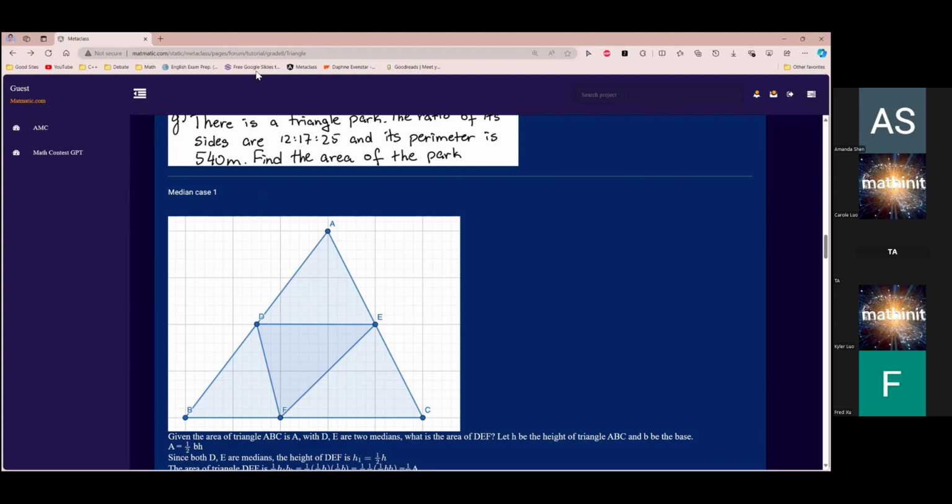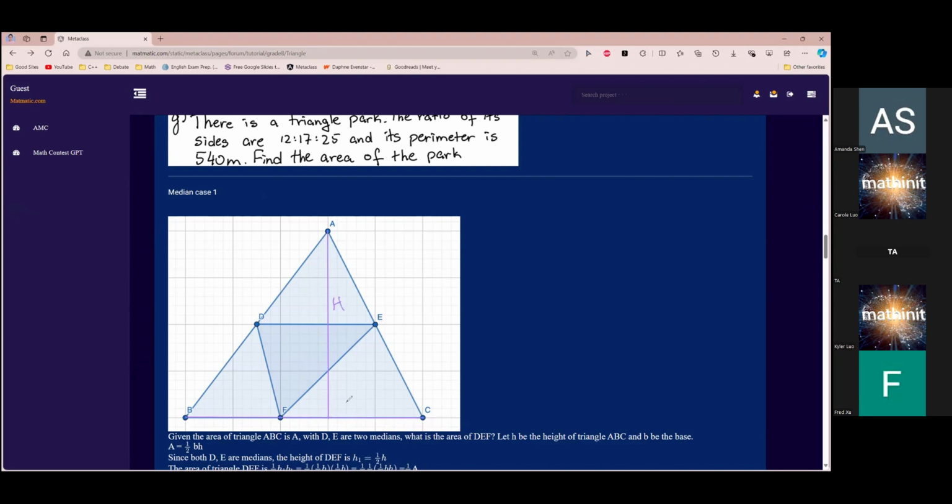Okay. So right now, let's say this is the height for the large triangle ABC, and this is the base for triangle ABC.